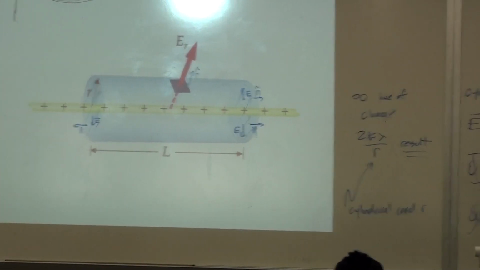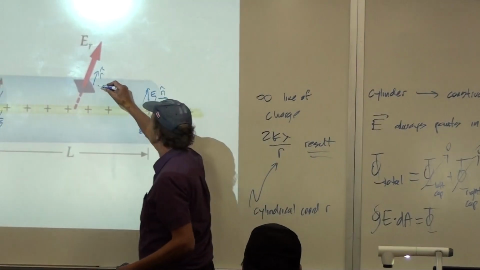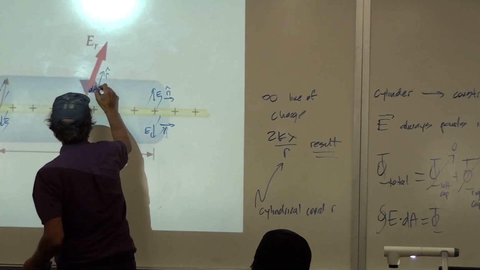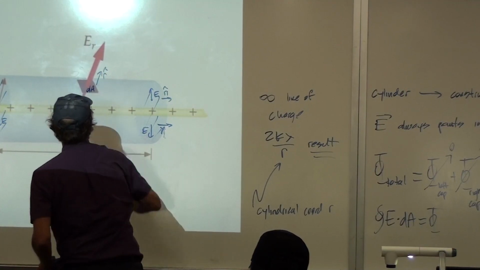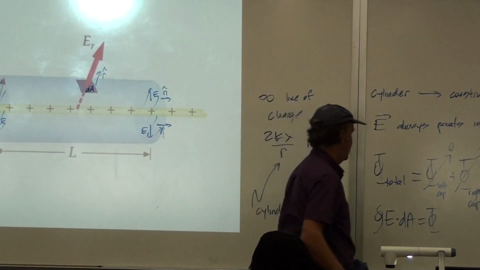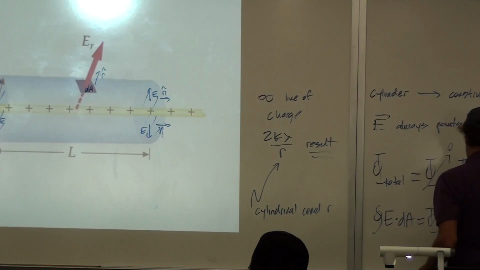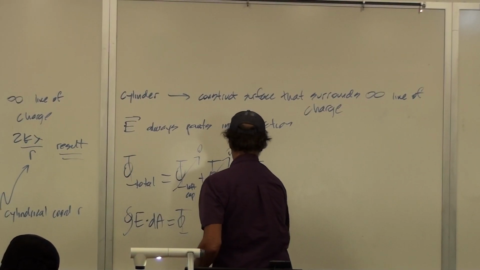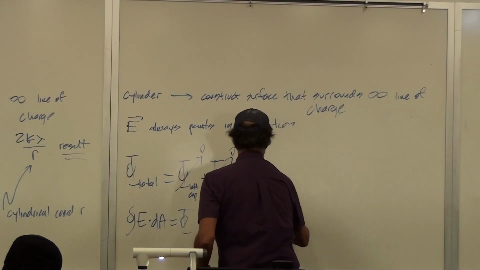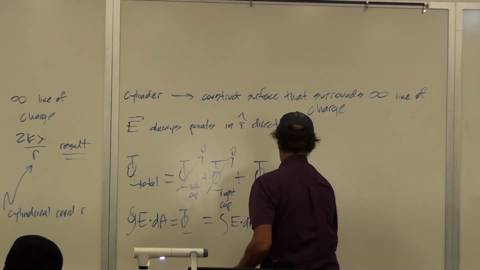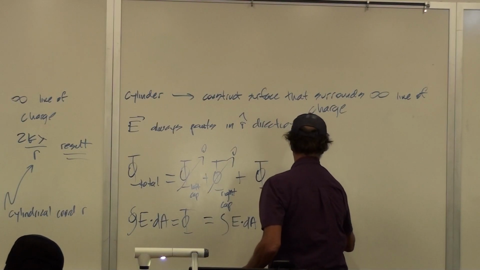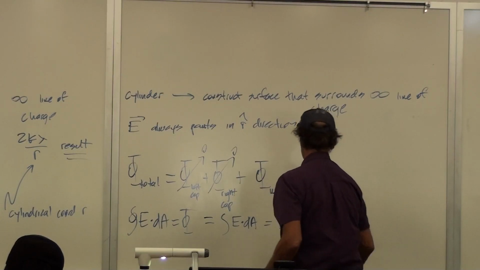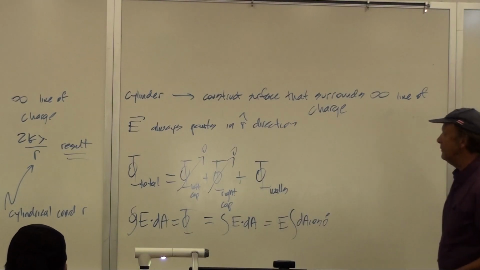So here then, the electric field always points in the same direction as our unit normal to the surface, which is in the r hat direction. So we can write this then as the integral of E dot dA, or E times the integral of dA cosine 0 degrees. So this should look familiar.